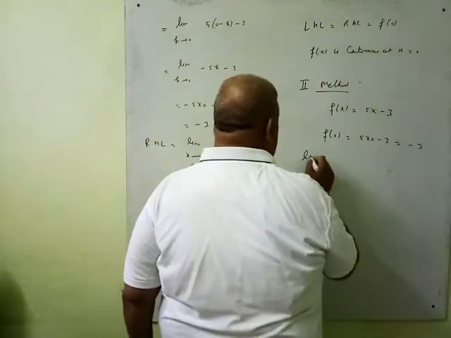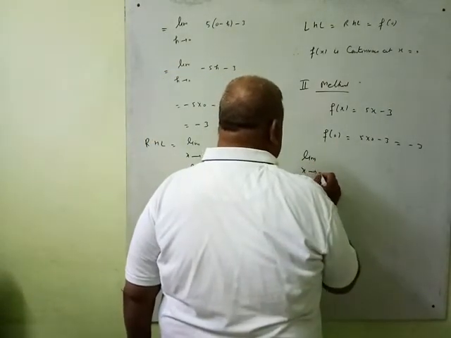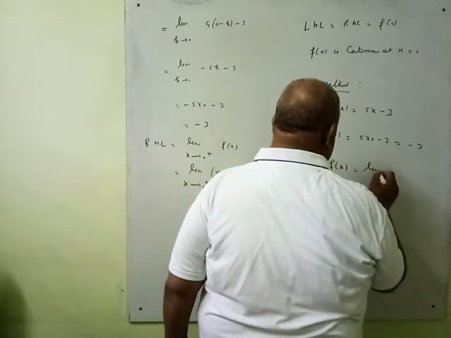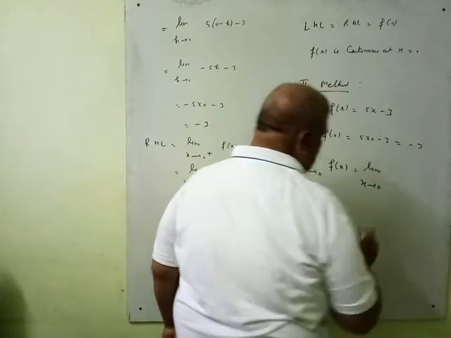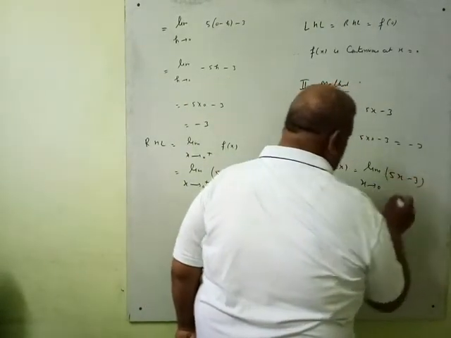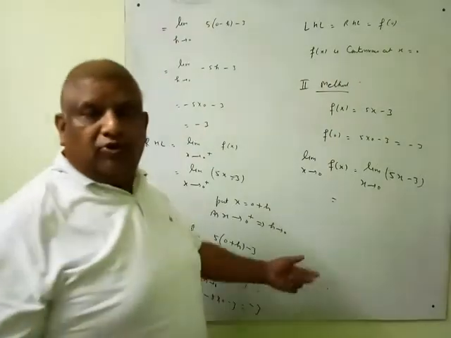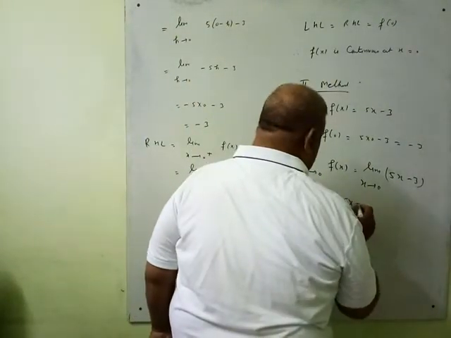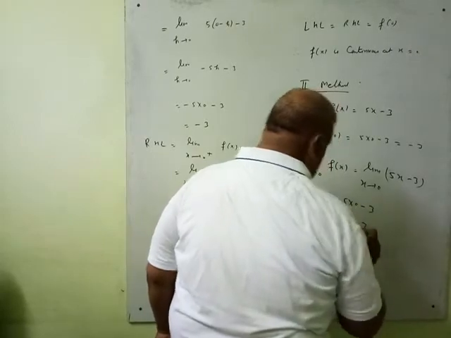Now the limit as x tends to 0 of f(x), the limit as x tends to 0 of 5x minus 3. It is a polynomial, so we can check it as minus 3.